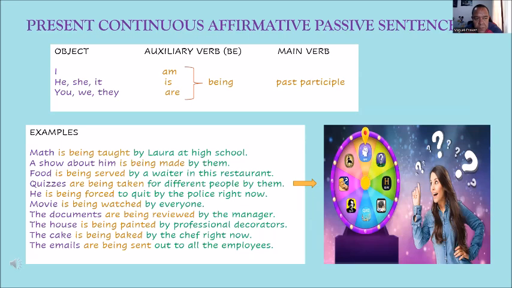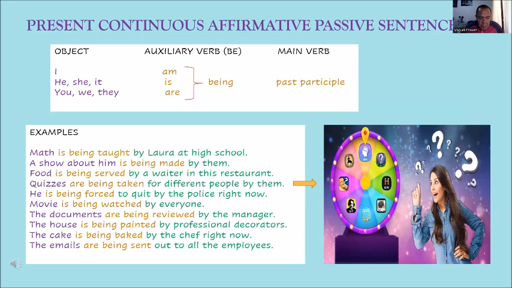We start with an object. We add am, is, are plus being. We use the past participle of the main verb. Finally, we add by plus subject of the active sentence. It is optional. Look at the table and the examples.